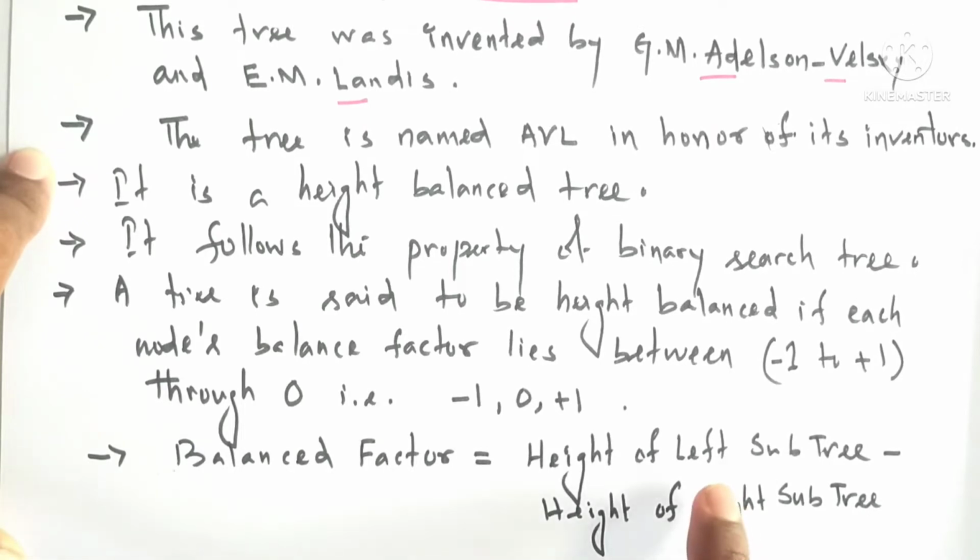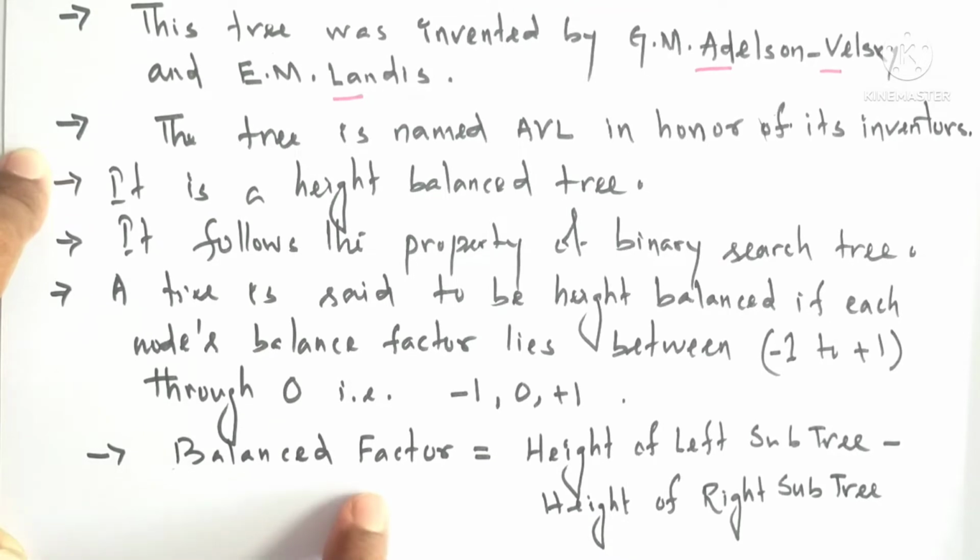So find the height of the left subtree, find the height of the right subtree. That value will give you the balance factor. If the balance factor is between -1 to +1 through 0, then you can say that the tree is maintaining the AVL tree property.